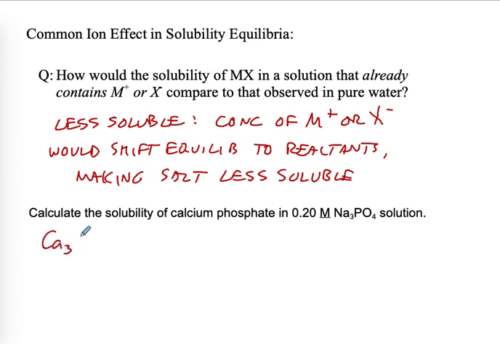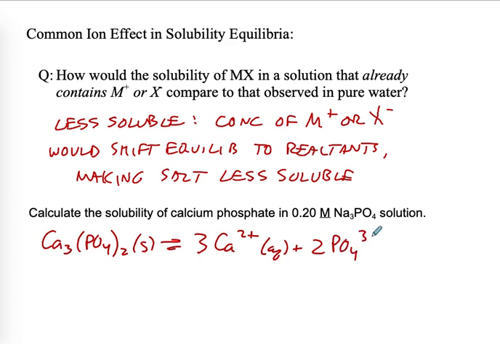So let's begin by writing an equation to represent the dissolution and dissociation of our ionic compound. We'll form 3 moles of calcium 2+ and 2 moles of the phosphate anion. We will call our equilibrium concentration of calcium 2+ 3S. What's our equilibrium concentration of phosphate? Not 2S, but 2S plus the 0.20 moles per liter we started with.